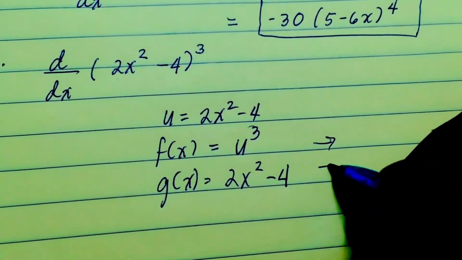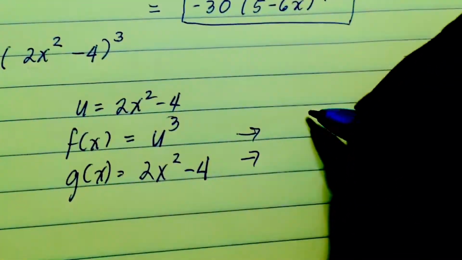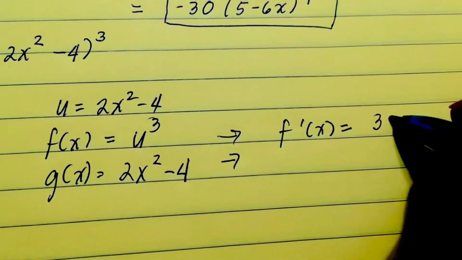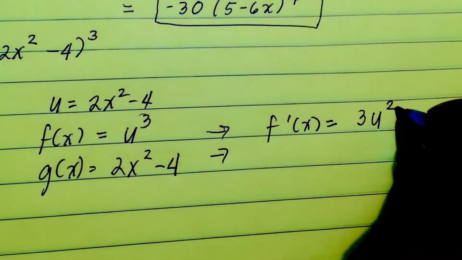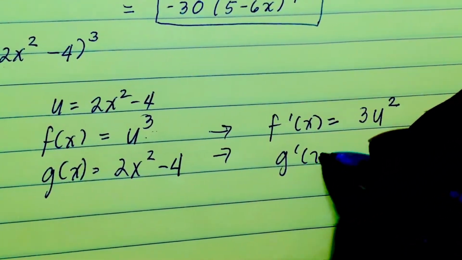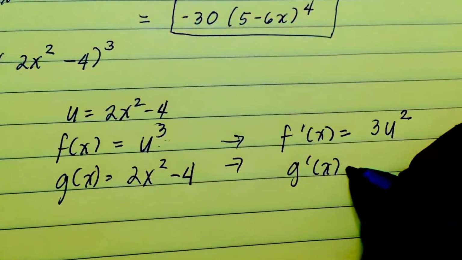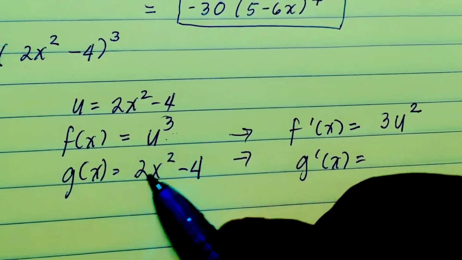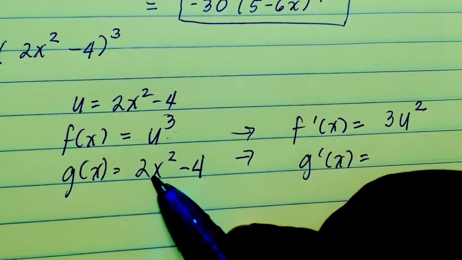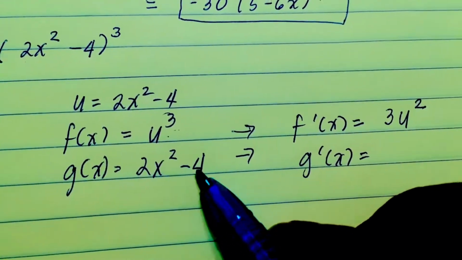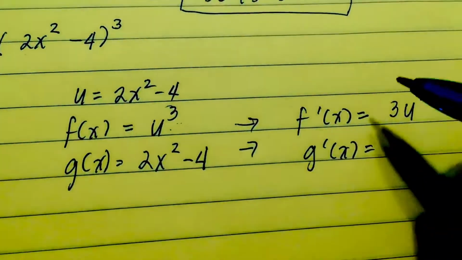When you find the derivatives of those, the derivative of f of x is equal to 3u squared. Okay, power rule. Then the derivative of g of x is for the difference rule, but the first term is power rule and also constant multiple rule, and this one is a constant.